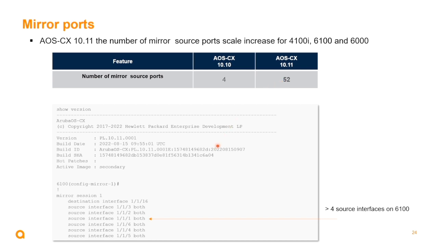You can see from this example I'm running 10.11, and on the 6100 I've been able to configure more than 4 source ports. In fact, I've configured 6 source ports to a destination of 1/1/16.